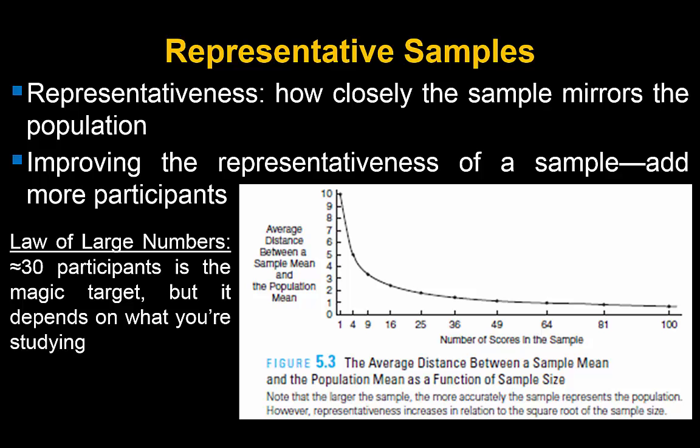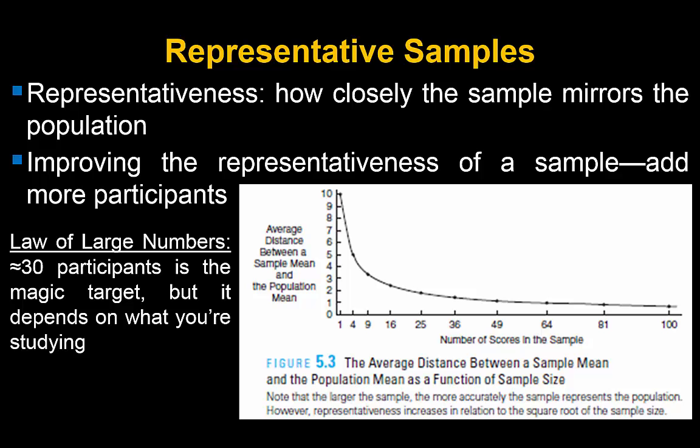Now, that's one of the things that can actually happen whenever we're looking at a sample for a research study. It's a little bit hit or miss how well our sample represents the actual population. And so we always talk about the representativeness of a sample and how closely we think that it really captures or mirrors the population that we're interested in looking at.